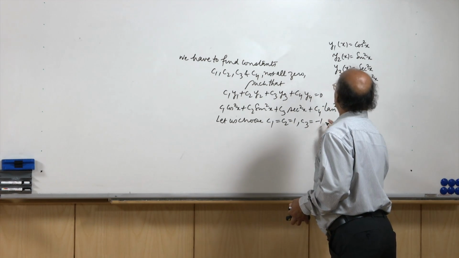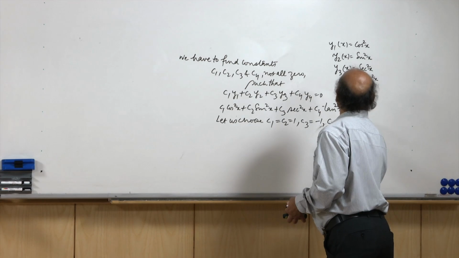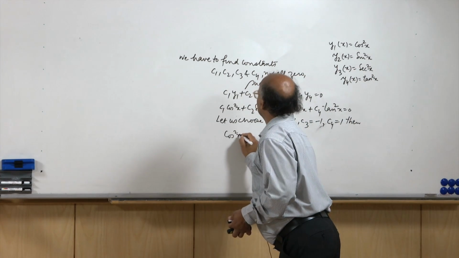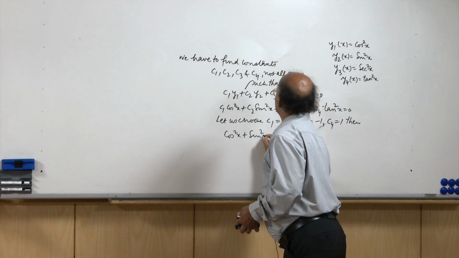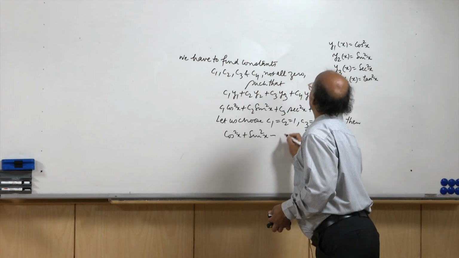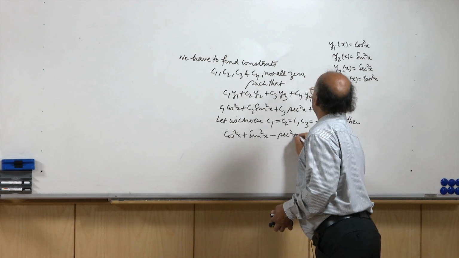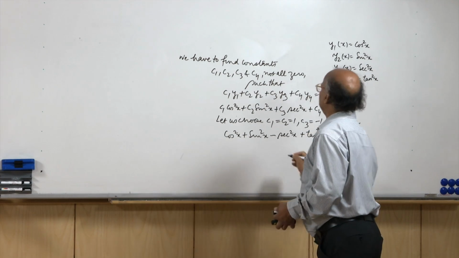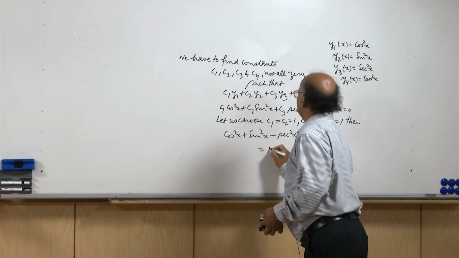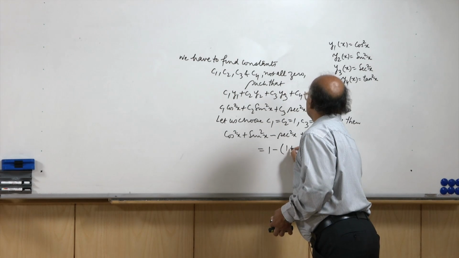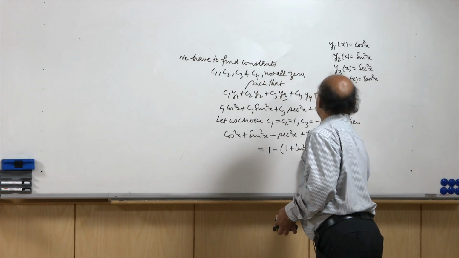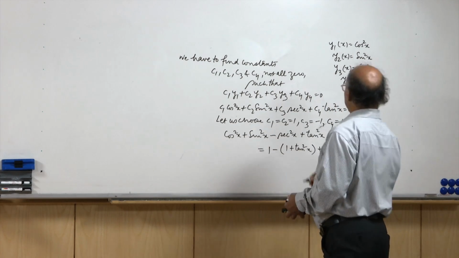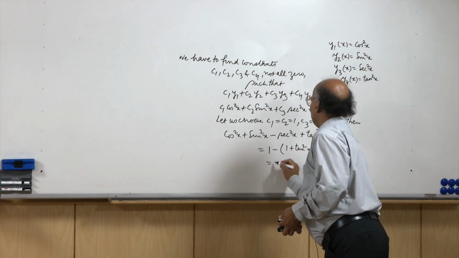Okay, so let us take C1, C2 equal to 1, C3 equal to minus 1 and C4 equal to 1. Then we can see that cos square x plus sin square x minus sec square x plus tan square x will be equal to 1 minus 1 minus tan square x plus tan square x, so this will be equal to 0.